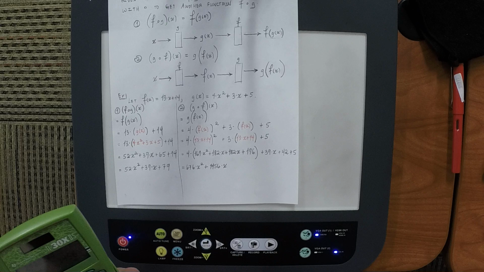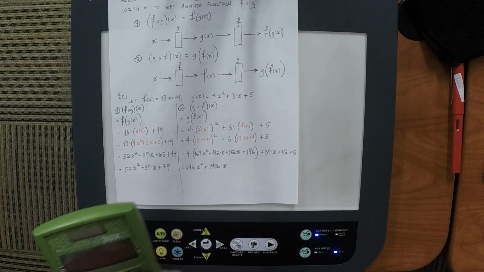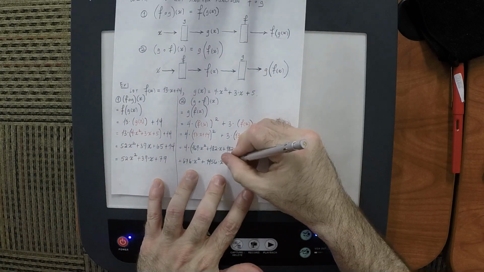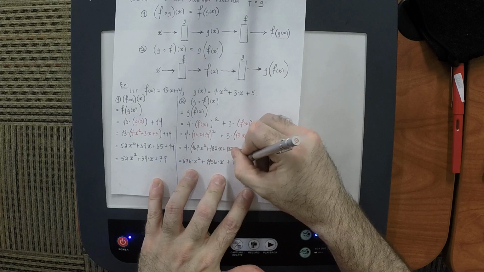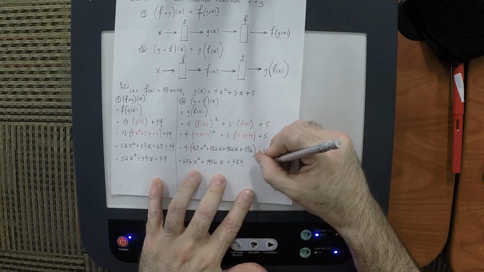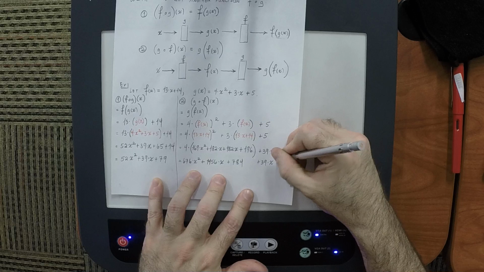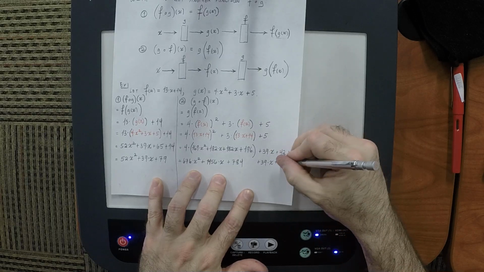Okay. And then 4 times 196, 784. And then these are just along for the ride. Well, 42 and 5 is 47.